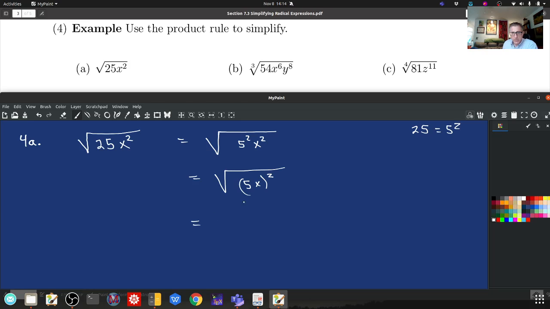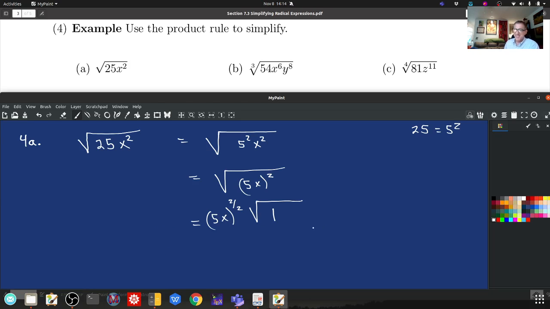So when I move this out from underneath the radical sign, I have to divide the existing exponent. And when I move it out from underneath, we leave a factor of 1.